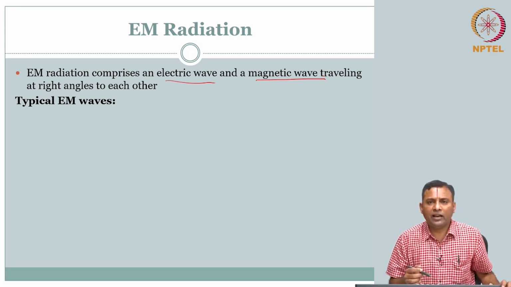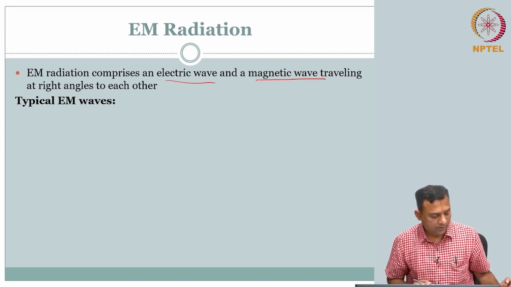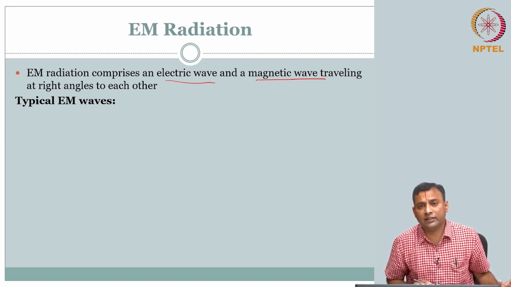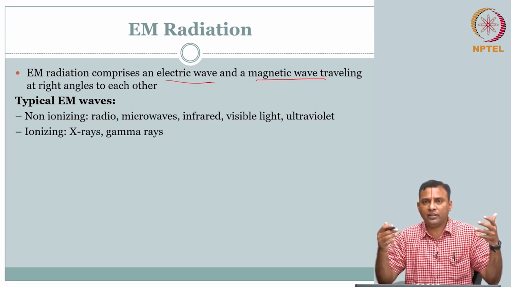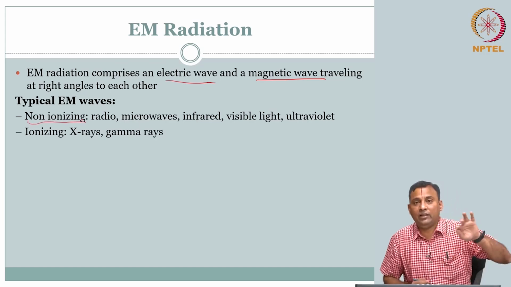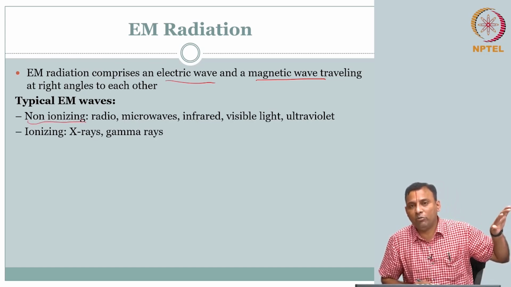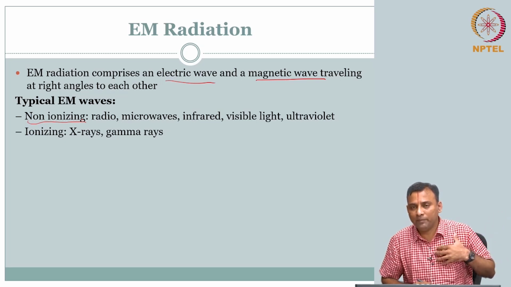So we will quickly run through typical electromagnetic waves that we have started talking about. In fact, the first spectrum that I showed will be useful. You just have that picture and you will recall. So we have non-ionizing, the low energy side. When we talk about ionizing, remember we are talking about ionizing the human body.